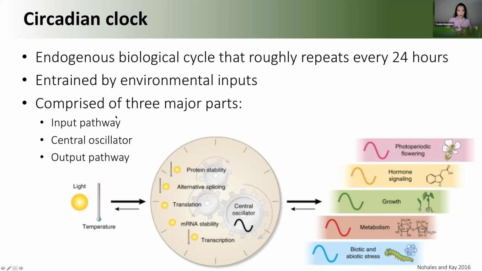It's comprised of generally 3 major parts. First part is the input pathway from the environment entering the clock. And the major part is a central oscillator, usually consisting of a handful of genes, transcription and translational loops.